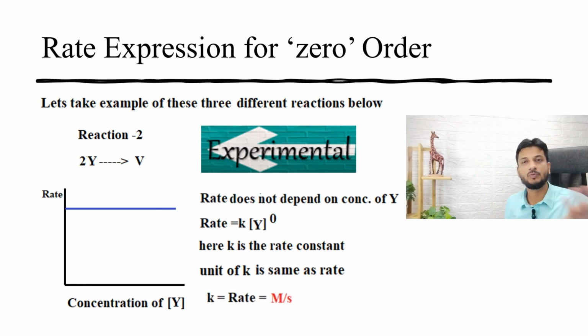So then what will be the unit for k? The same as the unit for rate, which is molarity per second. Again, remember one thing, this was found experimentally. If you see the reaction here, it says 2Y gives V, but that does not mean the rate depends on Y or its power of 2.